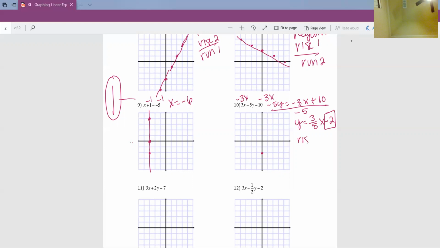And then my rise is 3 and my run is 5. And it's okay if your slope is in fraction form because it just lets you do your rise over run. So that's 1, 2, 3, 1, 2, 3, 4, 5.